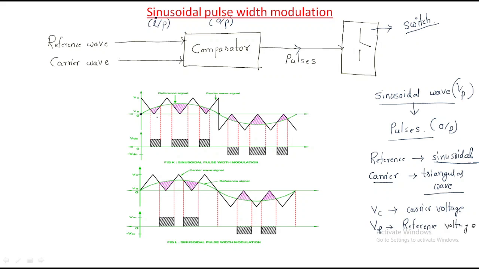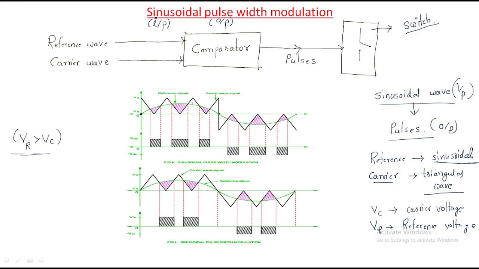Look at it. So if you observe here, wherever the reference magnitude is more, that line will be shaded. So wherever the magnitude of the reference voltage is more than the carrier voltage, this area, the reference magnitude dominates the carrier, and this area also it will be dominated.